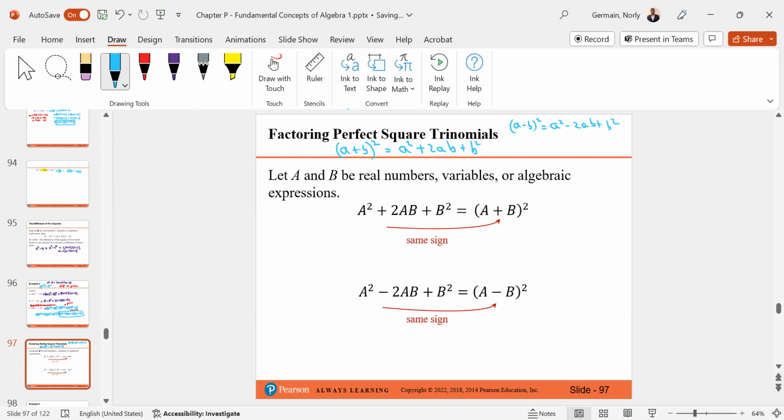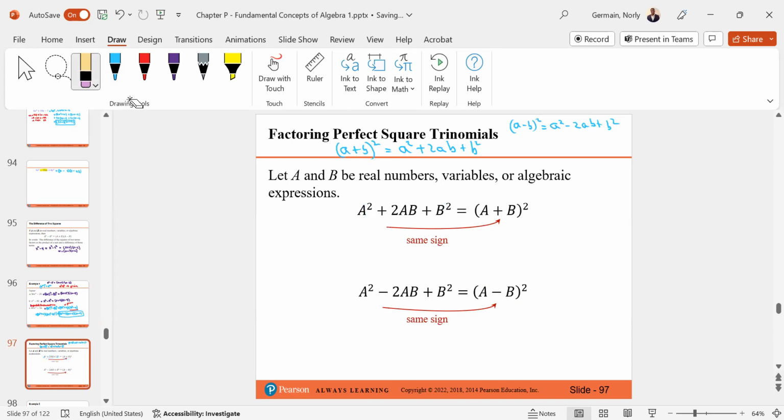The trinomials that are factored using these techniques are called perfect square trinomials. If you let a and b be real numbers, variables or algebraic expressions, if you see something like this one, you can rewrite it like that. But make sure when you take 2 times this one with this one, it gives you the whole thing in the middle. So that's what you need to pay attention to.